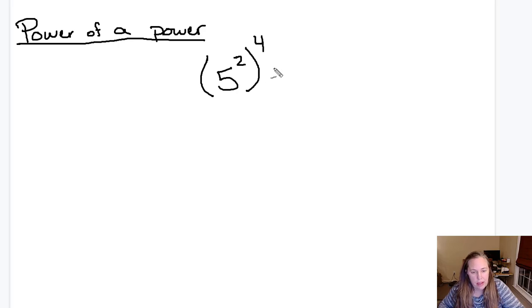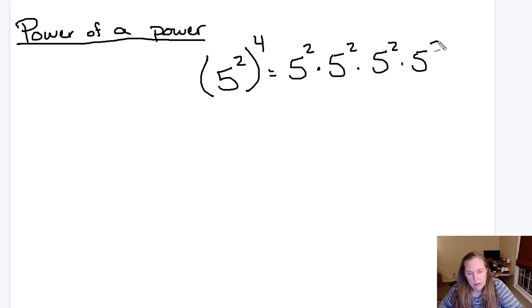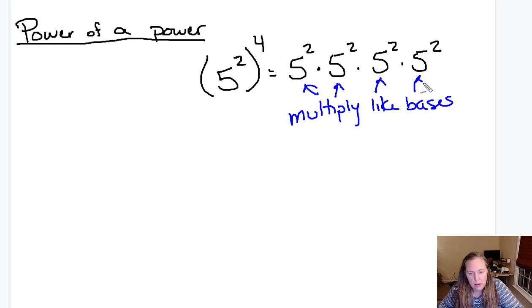So 5 to the 2nd to the 4th is 5 to the 2nd times itself 4 times. So notice here we are multiplying like bases. So the rule is when you're multiplying like bases, you add exponents.